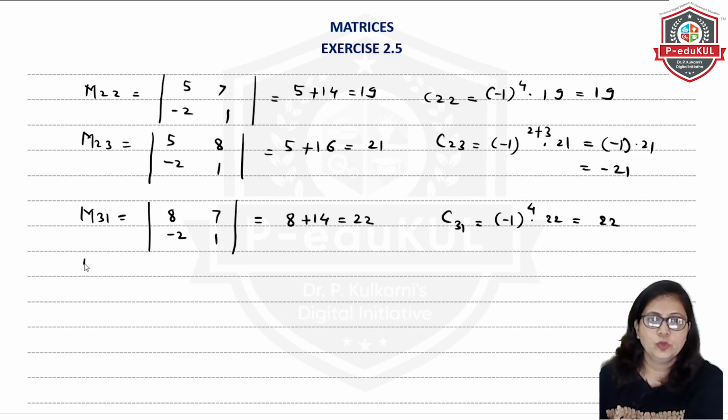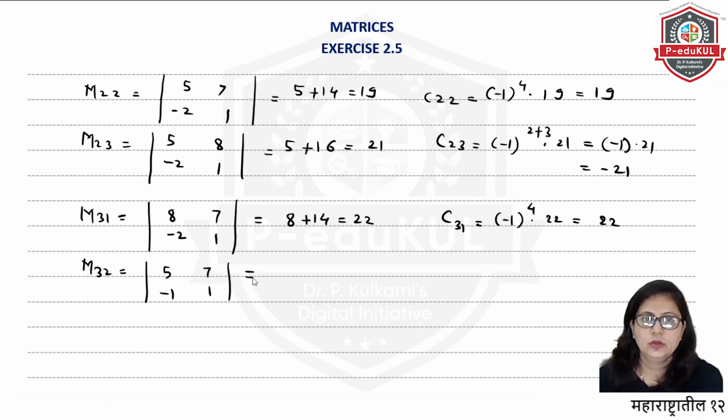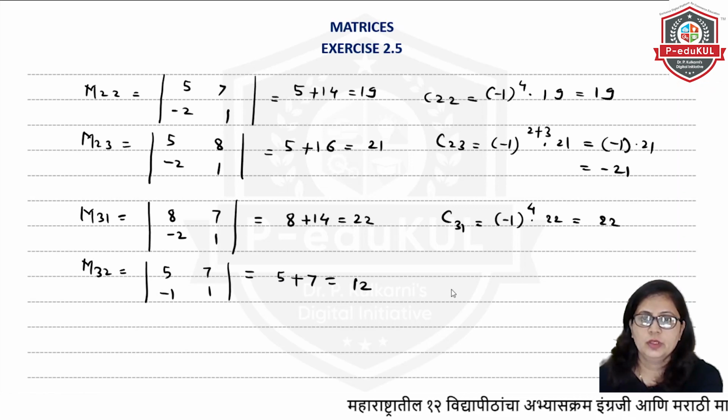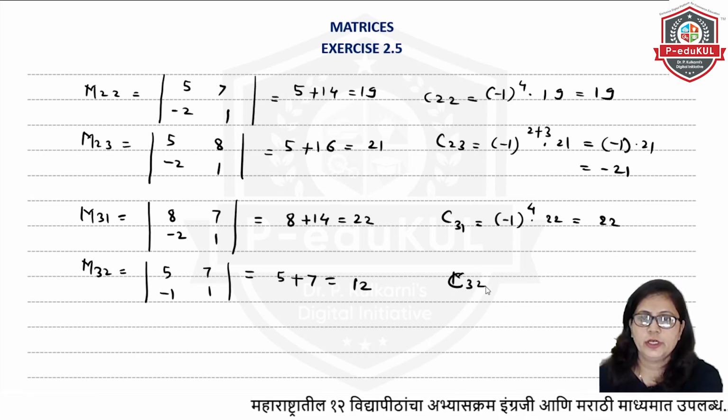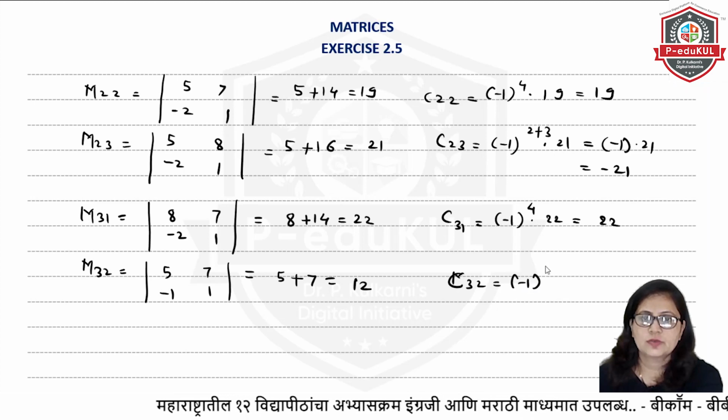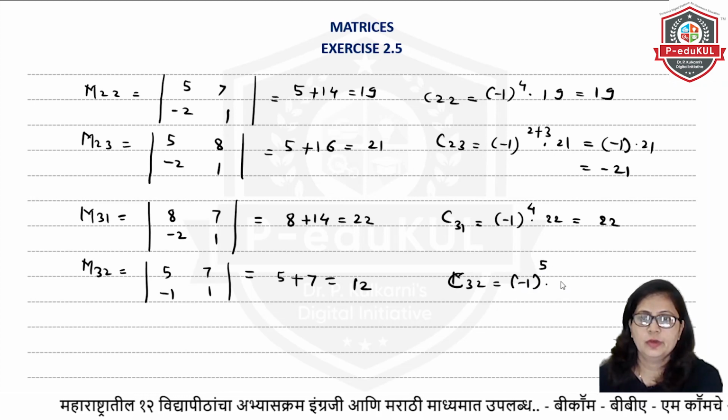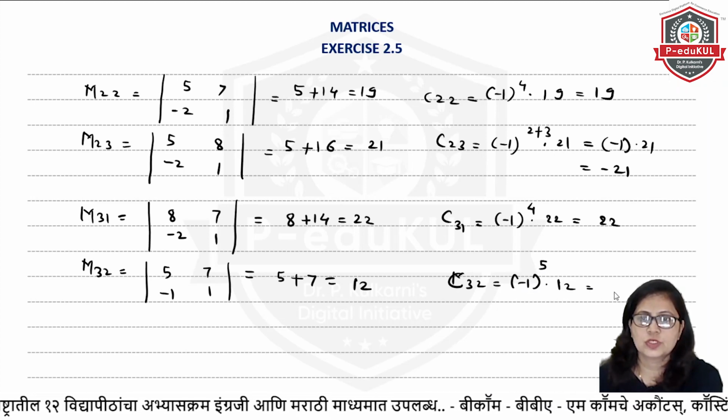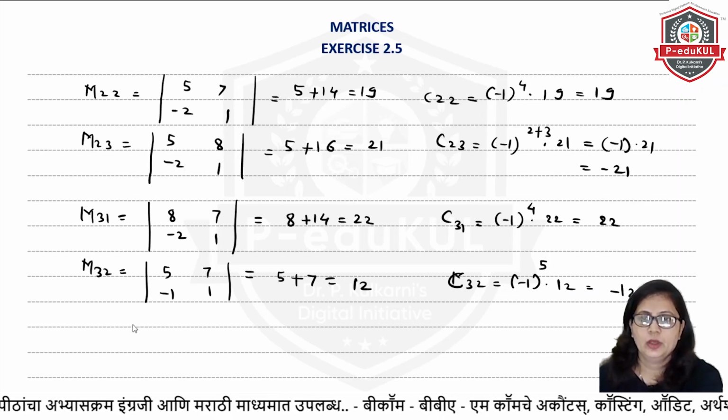Now M32 will be 5, minus 1, 7 and 1. So this will be 5 plus 7, that is 12. So C32 will be minus 1 raised to 5 into 12. So this will be minus 12.